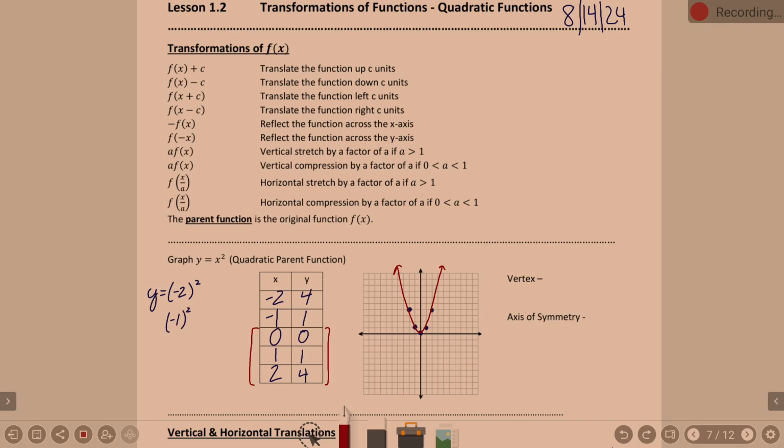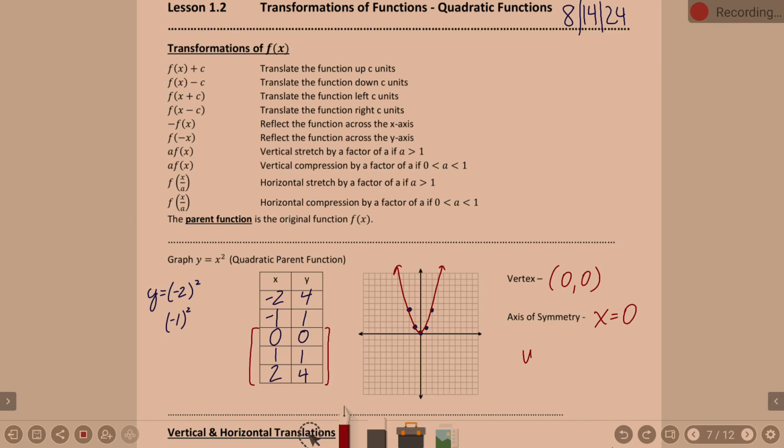Now, before we move down to the bottom, vertex. What is the vertex of this parabola? 0, 0 again. Axis of symmetry. Addie? Yeah. This didn't change, did it? Just like yesterday, the axis of symmetry, the line that divides that U in half to where I could fold it on top of each other, is x equals 0.